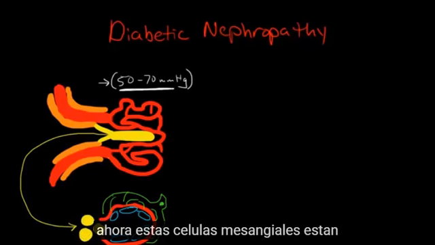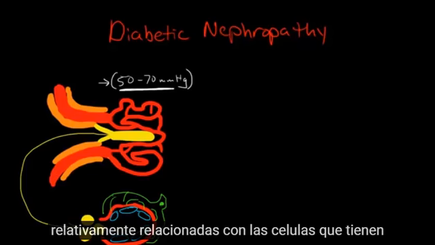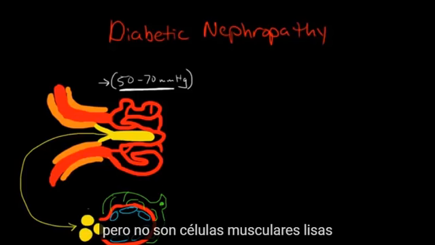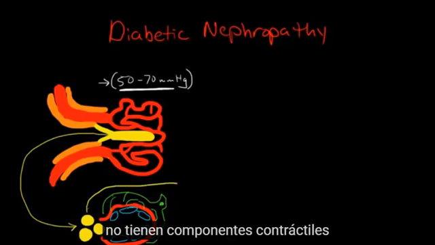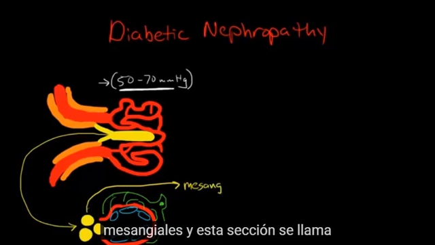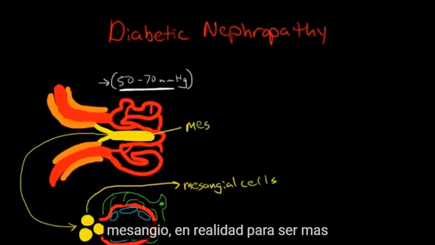Now, these mesangial cells are relatively closely related to, they have the same lineage as, smooth muscle cells, but they aren't smooth muscle cells. They don't have any contractile components, no actin and myosin. So these are mesangial cells, and this section here is called the mesangium.